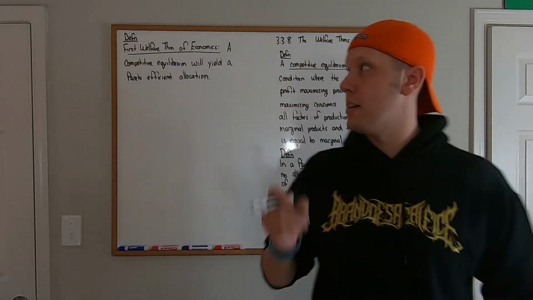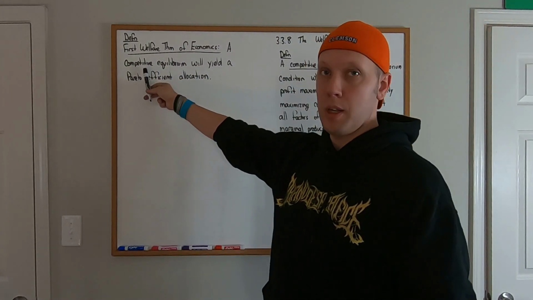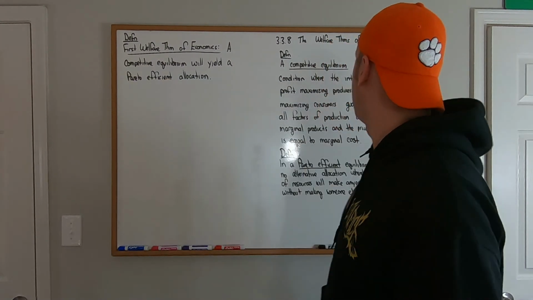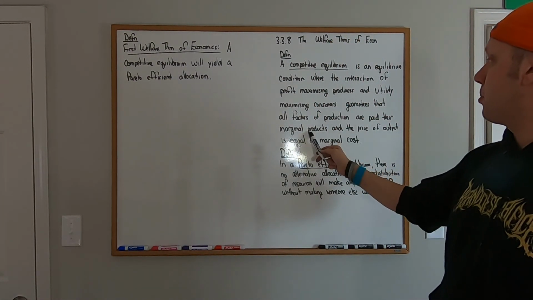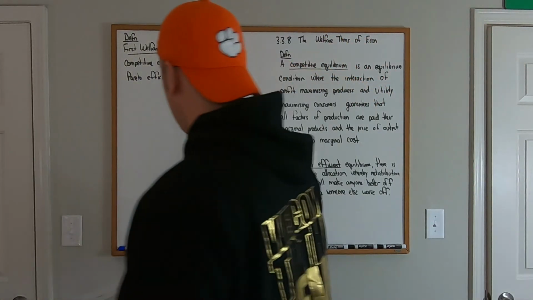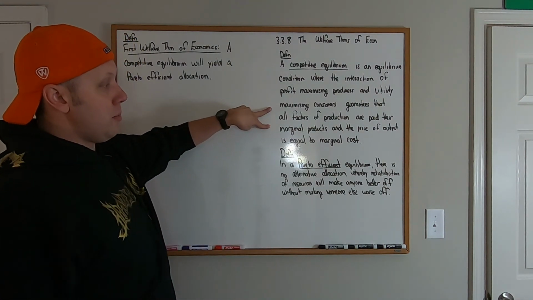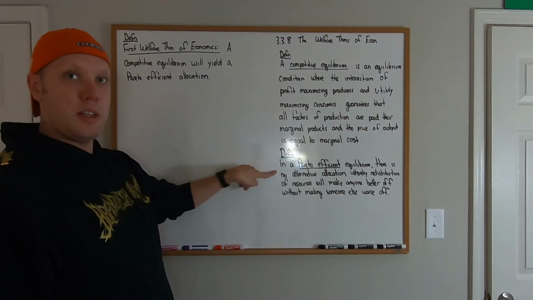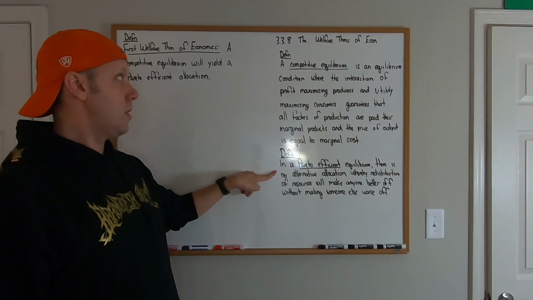So what this says is, if we achieve a competitive equilibrium, where all factors of production are paid their marginal products, and the price of output is equal to marginal cost, we get Pareto efficiency. So if the competitive equilibrium is achieved, it will guarantee the existence of a Pareto efficient allocation of resources.